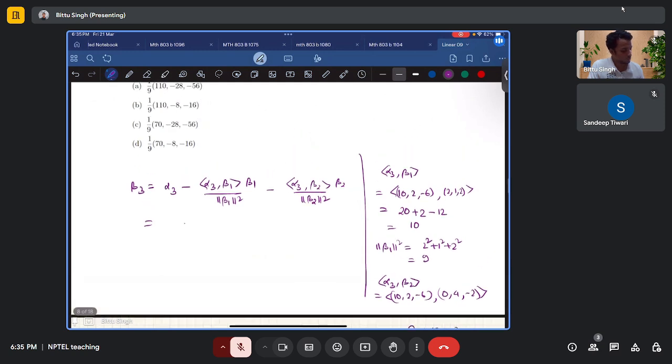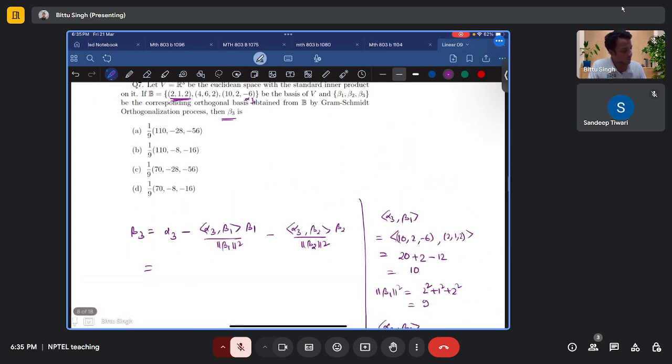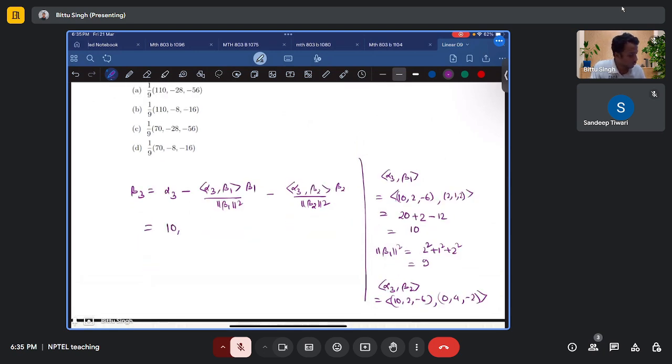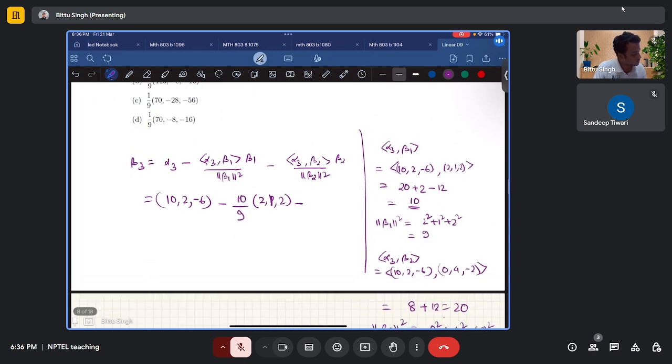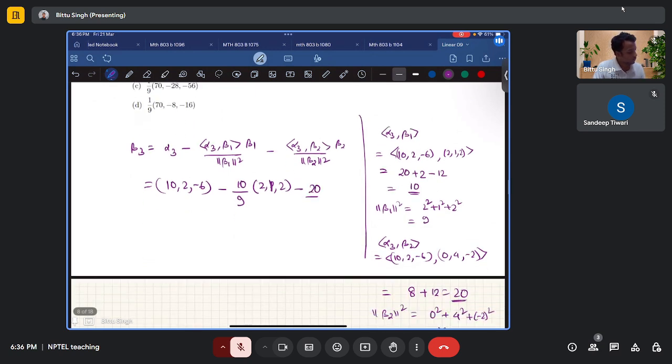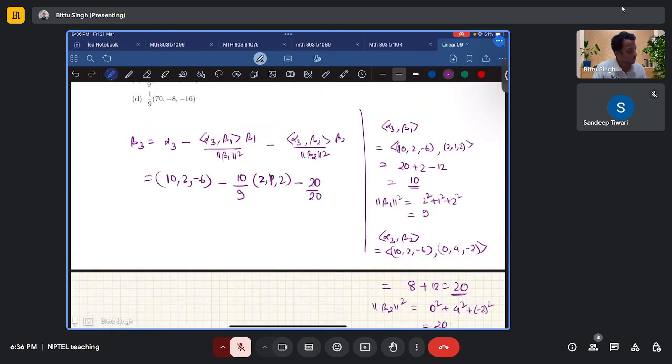So let me put those values. Alpha 3 is (10, 2, minus 6), minus the inner product of alpha 3 with beta 1, which is 10 by the norm of beta 1 squared, 9, times beta 1 which is (2, 1, 2), minus the inner product of alpha 3 with beta 2, which is 20, and the norm squared is also 20, times beta 2, which is (0, 4, minus 2), so those cancel.